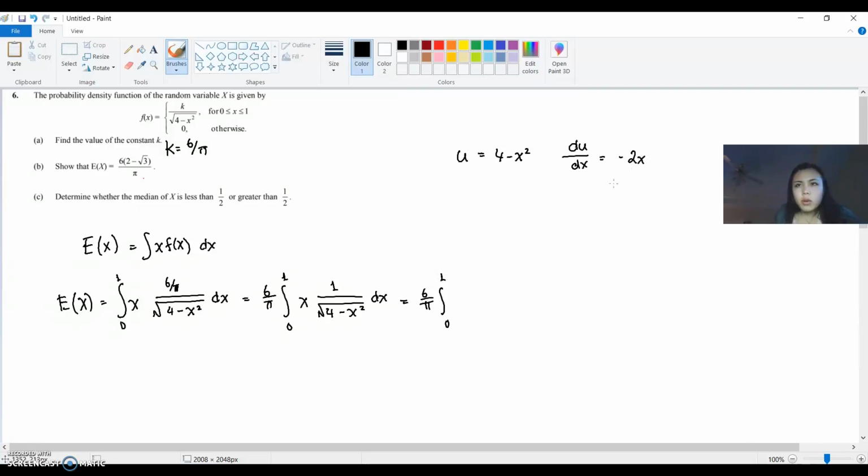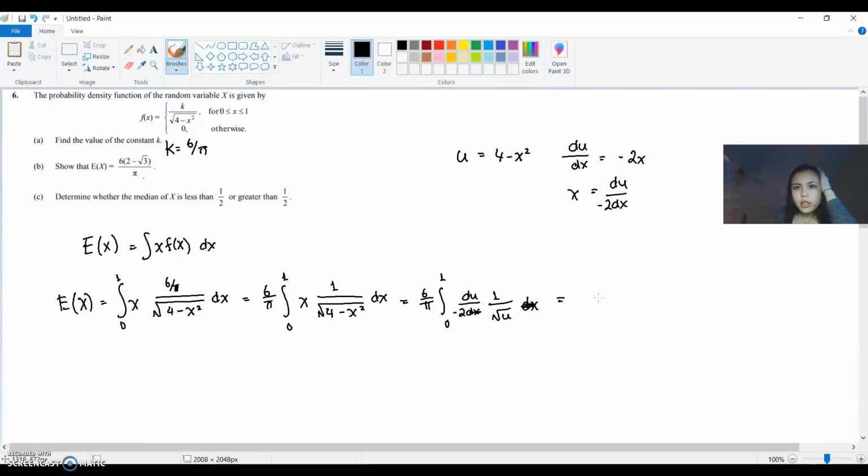Now we can rewrite this x as du dx divided by negative 2, times 1 over the square root of u, since 4 minus x squared is u, dx. Now these two dx's can cancel out.